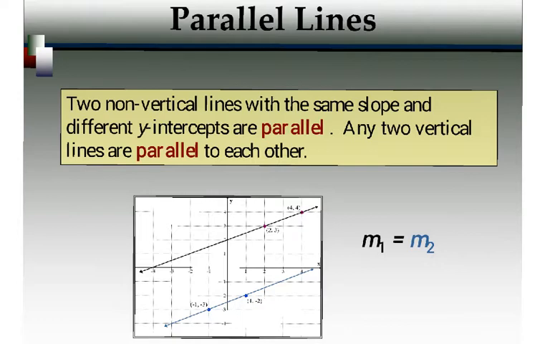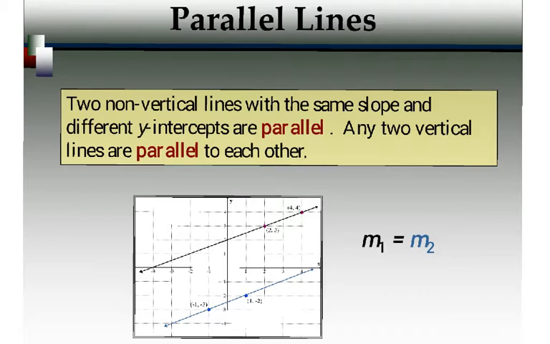So the slope from this equation of a line is going to be the exact same slope as this equation of the line if they are parallel to each other. If they just intersect each other, you don't know how the slopes are related.